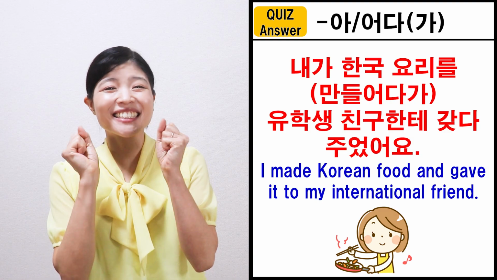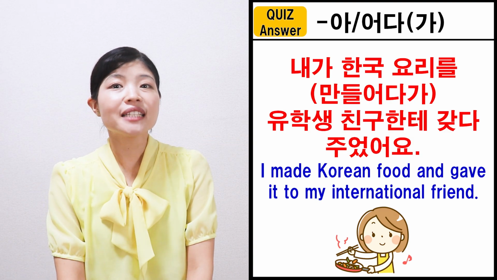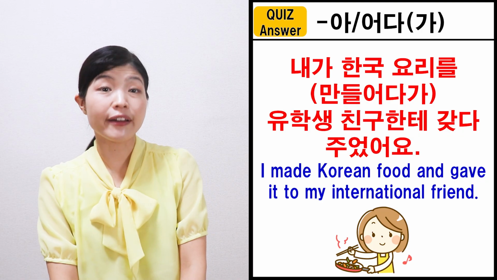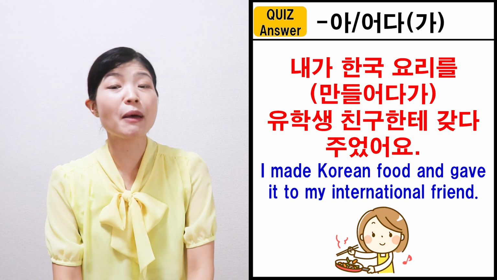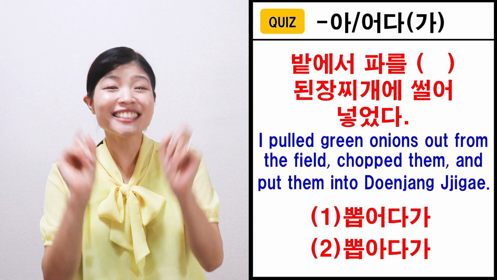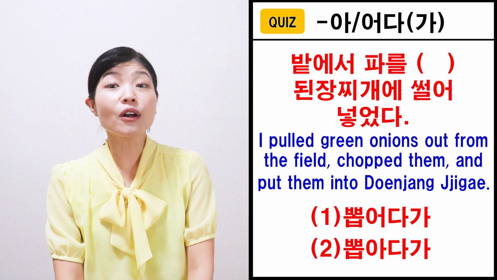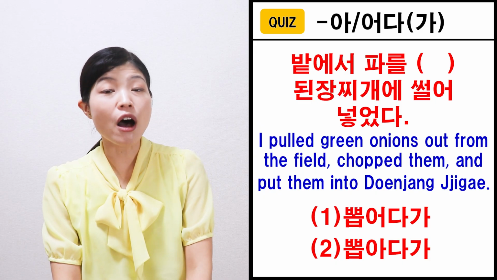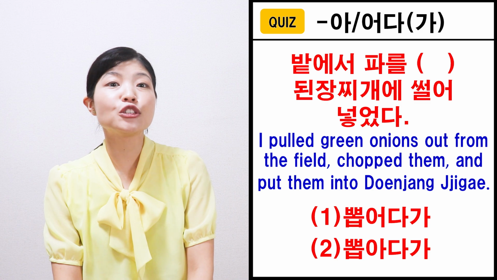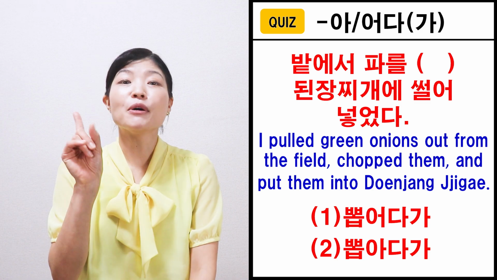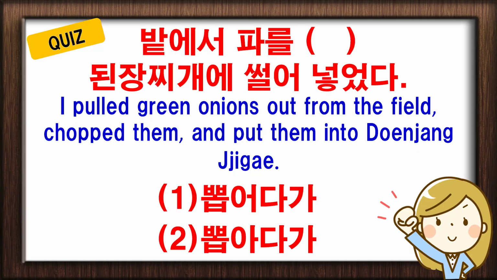Then let's read it together. 내가 한국 요리를 만들어다가 유학생 친구한테 갖다 주었어요. Please read it over and over again to make sure you remember it. Now, let's look at the next quiz. 밭에서 파를 된장찌개에 썰어 넣었다. I pulled green onions out from the field, chopped them and put them into 된장찌개. Number 1, 뽑다가. Number 2, 뽑아다가.